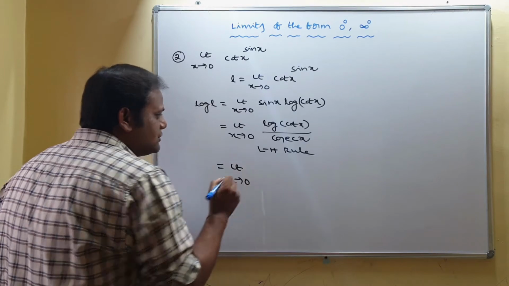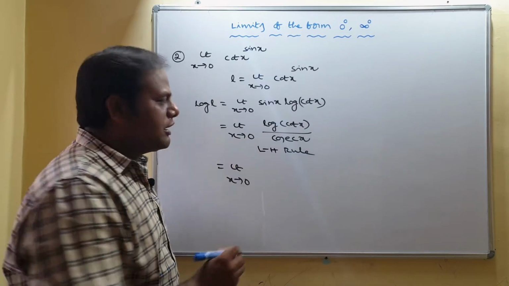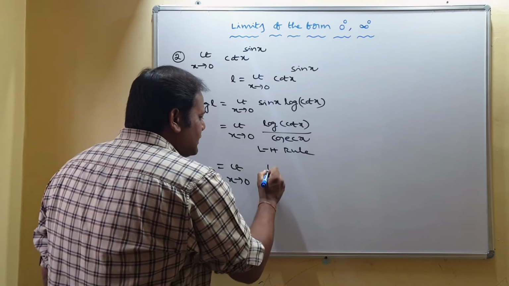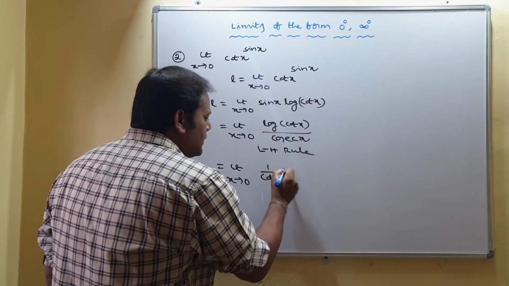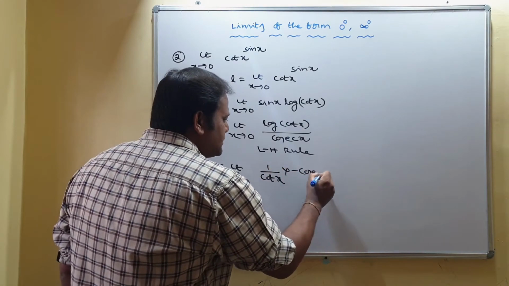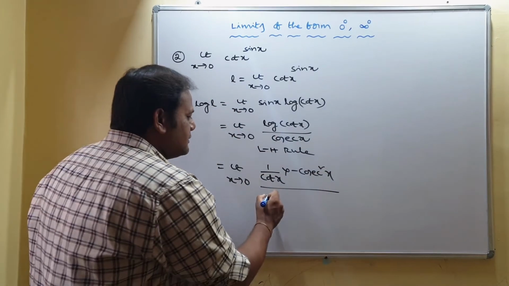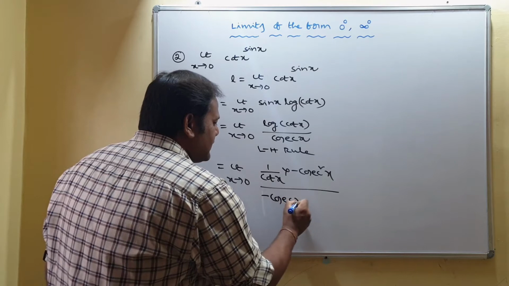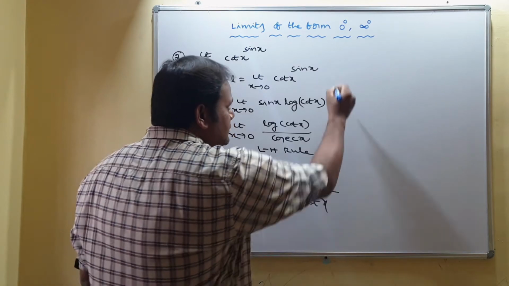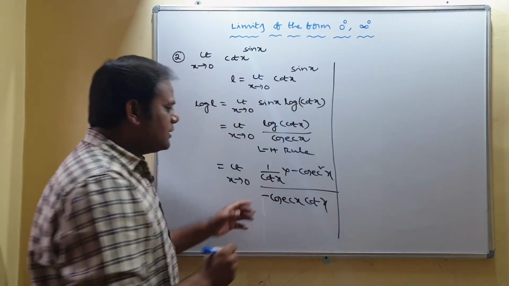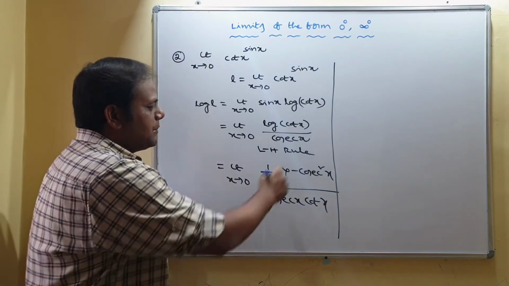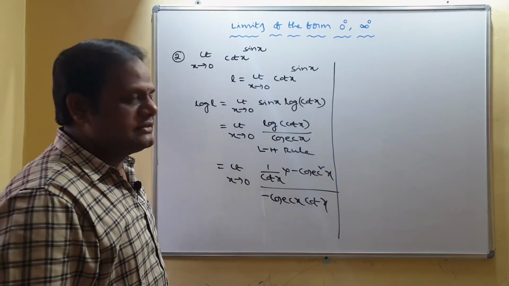So apply L'Hospital rule. Limit x tends to 0. Derivative of numerator, what is it? Derivative of log cot x is 1 by cot x into minus cosecant square x, by derivative of cosecant x, that is minus cosecant x into cot x. So what we got here, once you observe, the minus gets cancelled and one cosecant x is cancelled.